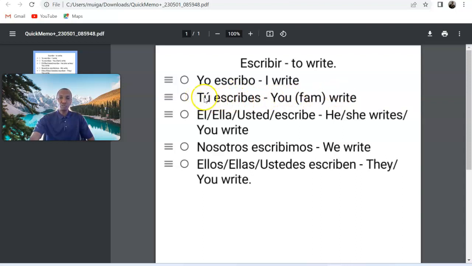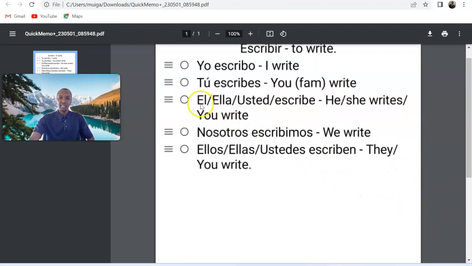Remember, like I've told you, with tú you are addressing somebody familiar, like a close friend or family. That's when we use tú. So for tú, you would say tú escribes, you write. Then we go over to him, her, and you. Él is him, ella is her, and usted is you, formal.